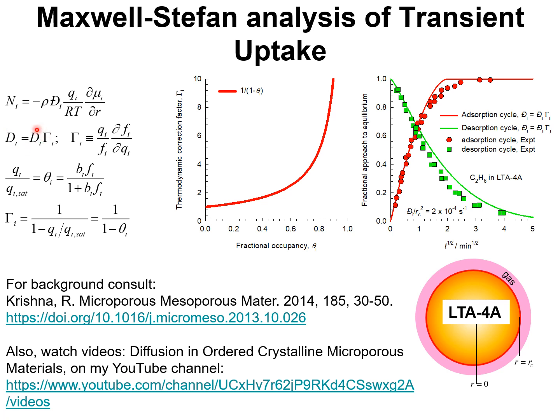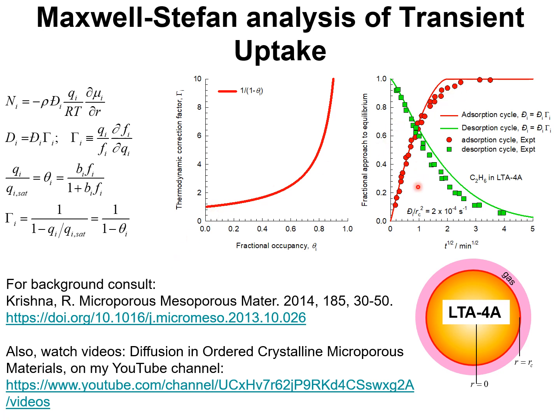Now, if we examine the Fick diffusivity, which equals the Maxwell-Stefan diffusivity times gamma, we note that in the adsorption cycle, the Fick diffusivity would increase with fractional occupancy, whereas in the desorption cycle, the Fick diffusivity would be a decreasing function of the fractional occupancy.